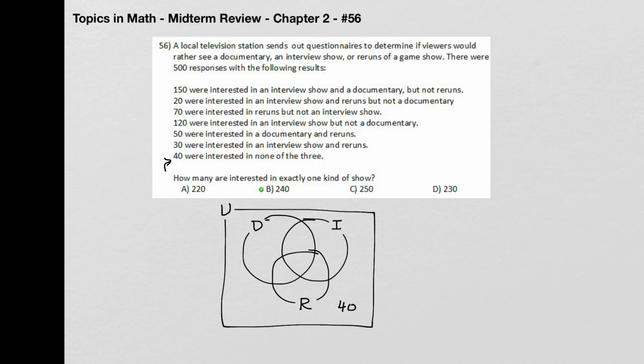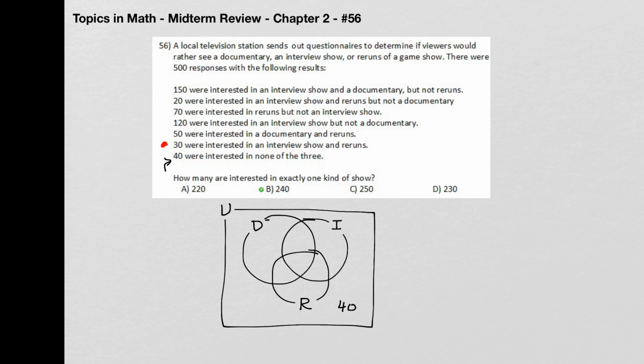Okay, so interview show and reruns. So that's going to be everything inside this football. That's two sections. I don't know how to split up the 30, so I'm going to leave that piece of information alone for now. So I'll just put a dot there. I'm coming back to that.